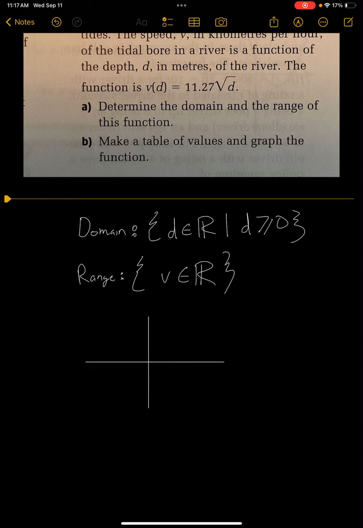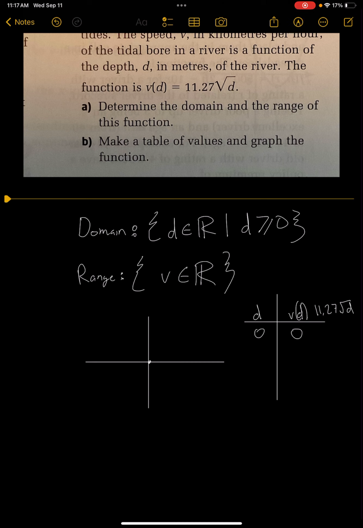I have d, and I have v of d. Or I'll just say 11.27 times root d. So when d is 0, that's going to be 0, right? So 0, 0.